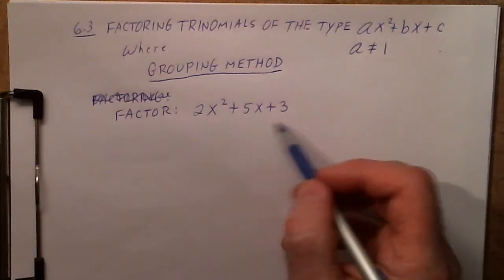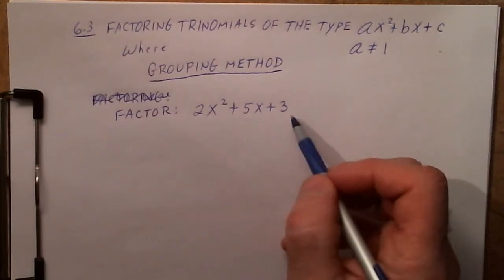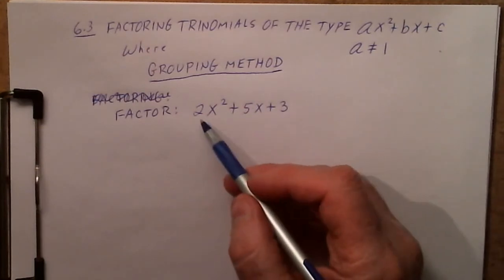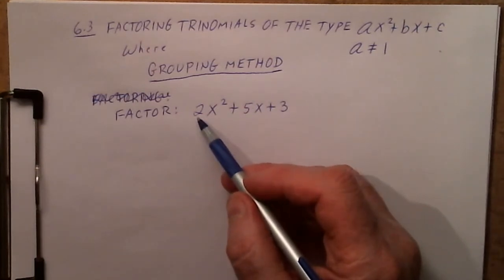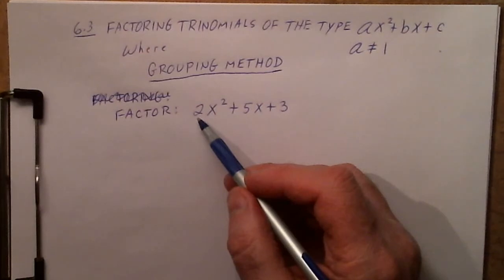And so in order to factor this trinomial, we need to factor it as a trinomial. Upon further inspection, this is a trinomial where the leading coefficient is not equal to 1, like last week. And so in order to factor this so-called difficult type of trinomial, we're going to have to employ the grouping method.